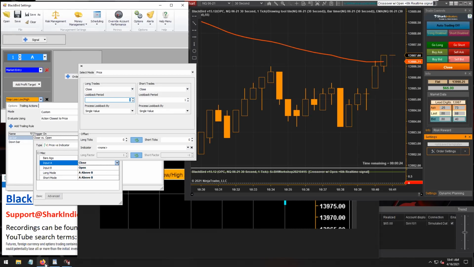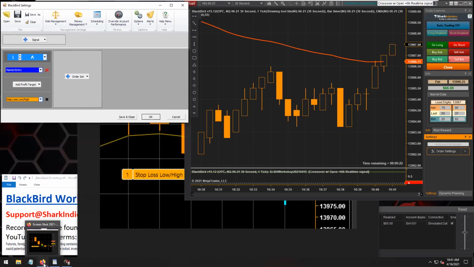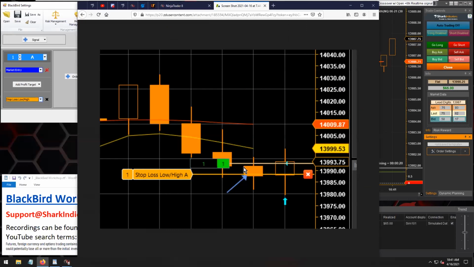The reason I mention this is because I know that George's system was designed to operate in real time, so the entry signal is designed to occur while this up bar is forming here.